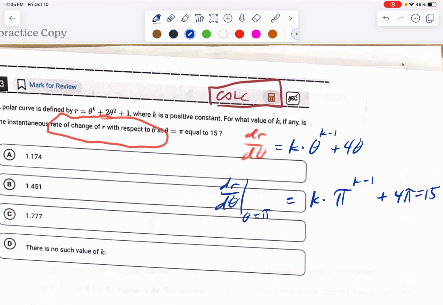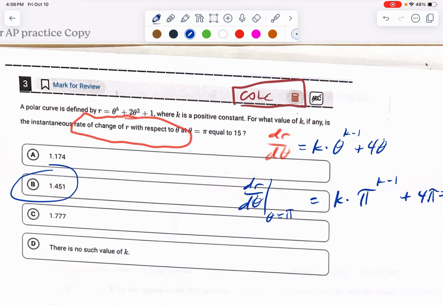Bear with me while I type that in. The equation here is K times pi raised to the power of K minus 1 plus 4 pi equals 15. And I'm solving this for K, and I get an answer of 1.451, so that is B.